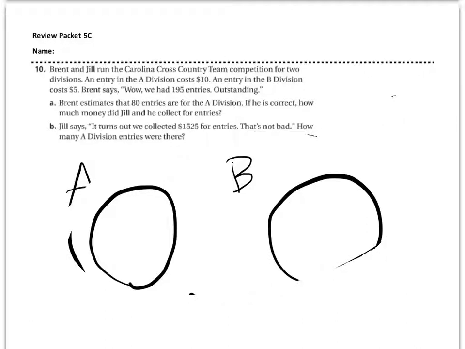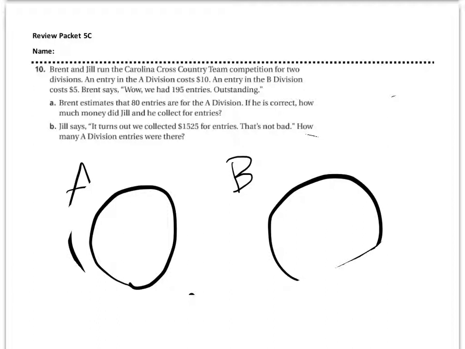Now, Jill says Brent estimates that there are 80 entries for the A division. If he's correct, how much money did Jill and he collect for the entries? If there are 80 in the A division and 195 in total, how many entries are in B?